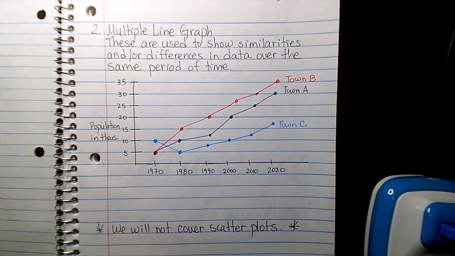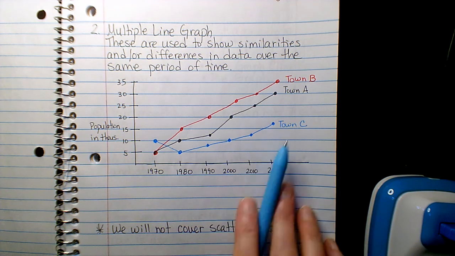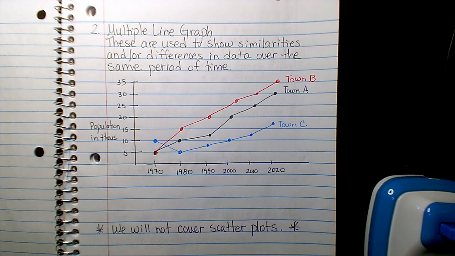Okay, you can use a multiple line graph. That's used to show similarities or differences in data over the same period of time. So I made one up of just like the population of town A, B, and C. A lot of times we've been seeing a lot of these kinds of graphs of new COVID cases in the United States, in the UK, in Germany, in Canada, things like that, right? To kind of compare them.